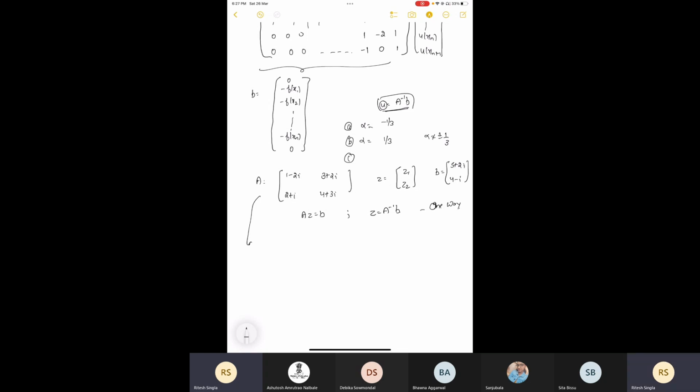But can you transform this system of equations into a 4 by 4 matrix and solve it as a system of linear equations in real variables, or real coefficients, you can say.